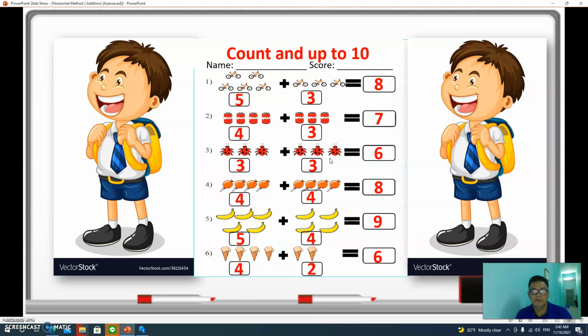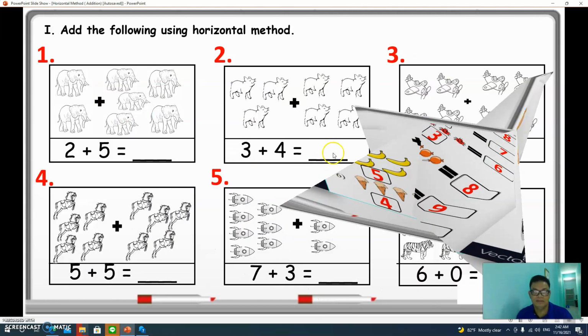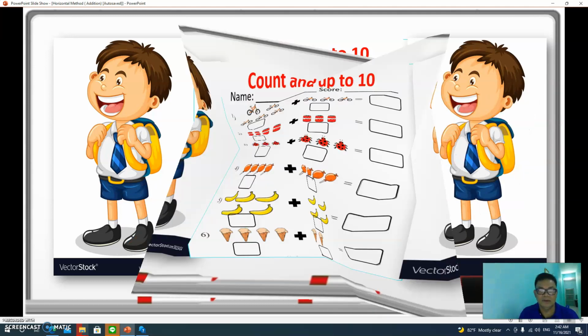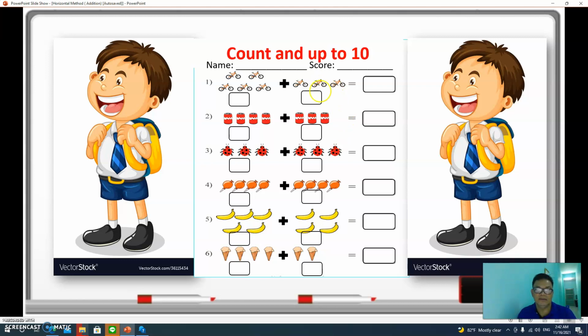Okay, we're going to practice this. We're going to answer. What is it? It is a bicycle. Very good. How many bicycles are there? 1, 2, 3, 4, 5.